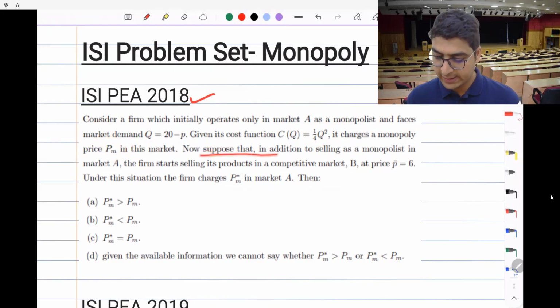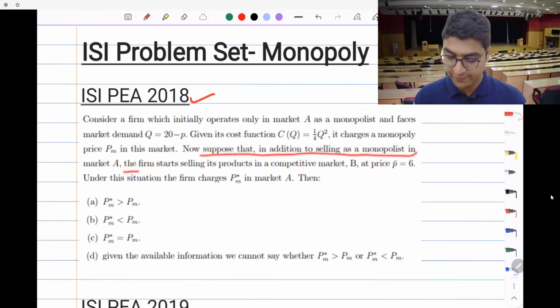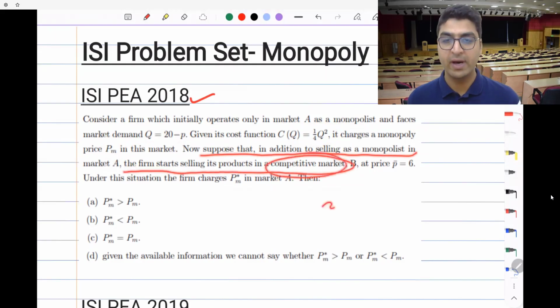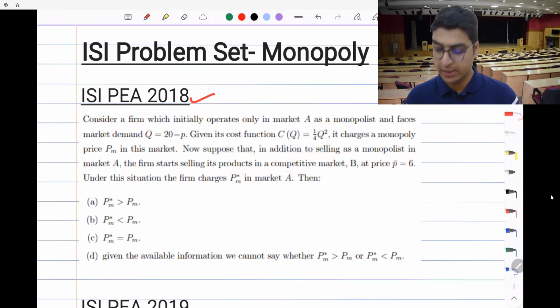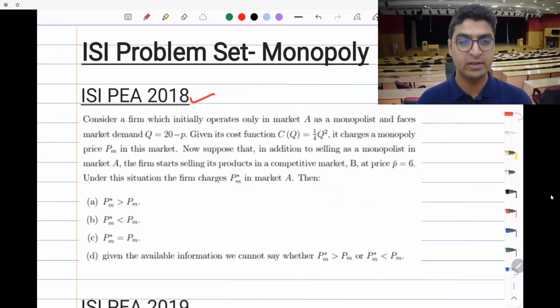Now suppose that in addition to selling as a monopolist in market A, the firm starts selling its product in a competitive market as well, market B, and there the fixed price is 6.